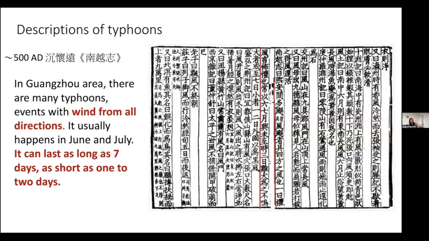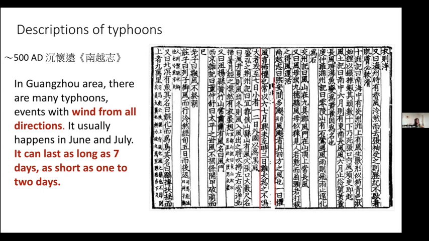Those descriptions and the patterns engraved on the vase give us a basic idea of what a hurricane may look like. We know it can come from all directions, it can stay a day to 7 days, and it gives you a rough sea.